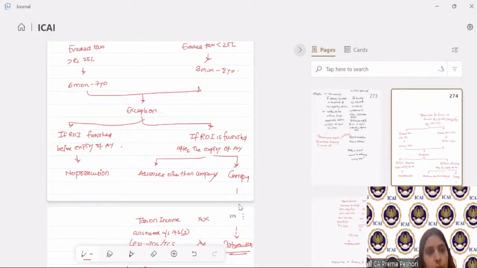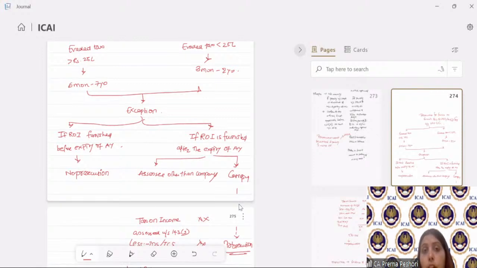Let's try and understand. There is something called a legal representative or legal heir, and the representative assessee. When the assessee dies, there is his legal representative, and that legal representative becomes liable for the assessee who has died.